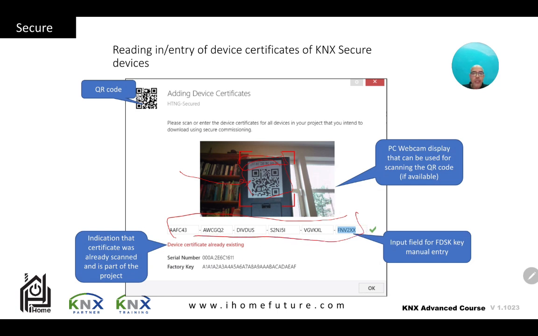If I don't have this, then I have to enter the key manually. The key is available on the device itself. So each secure device will come with a label on the device with the QR code and with the key, both holding the key. Once you have installed it and the key is saved in the ETS, it's better to remove this label and keep it in a secure place. So even if someone managed to get hold of the physical device, he will not be able to know the key.